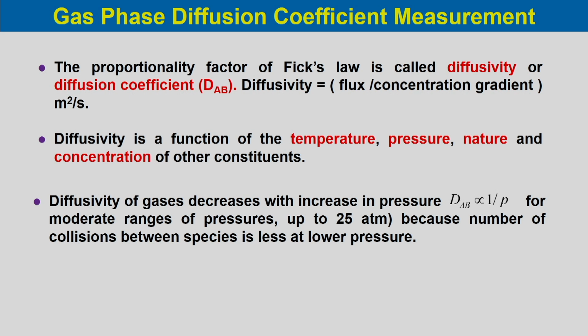As we increase the pressure, the diffusivity decreases, so the relation between diffusivity and pressure is inversely proportional. DAB is proportional to 1 by P for moderate ranges of pressure, up to 25 bar. This is due to the fact that the number of collisions between species is less at lower pressure.